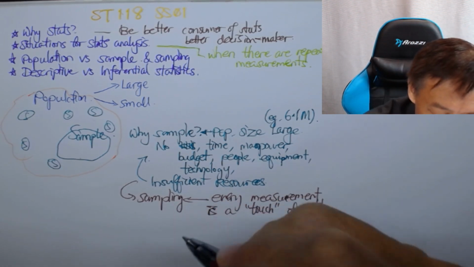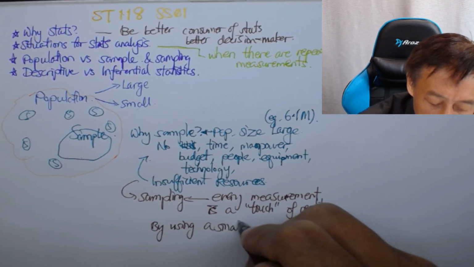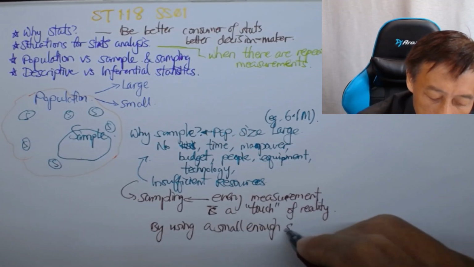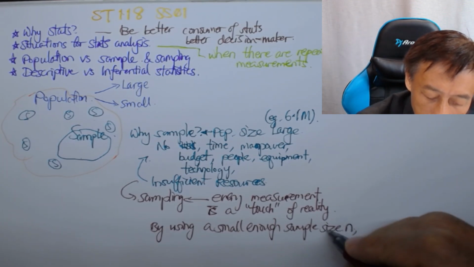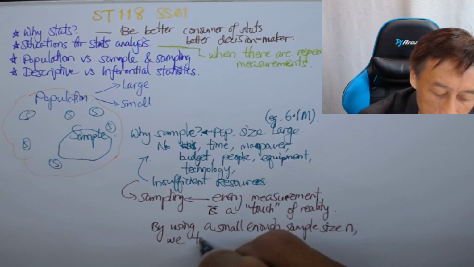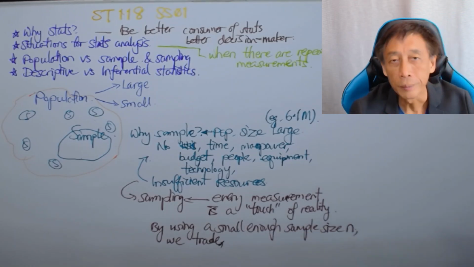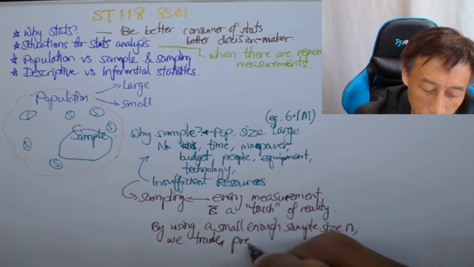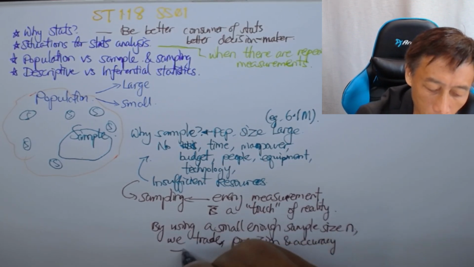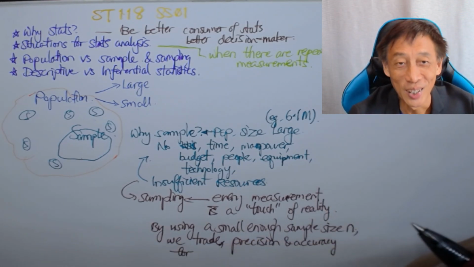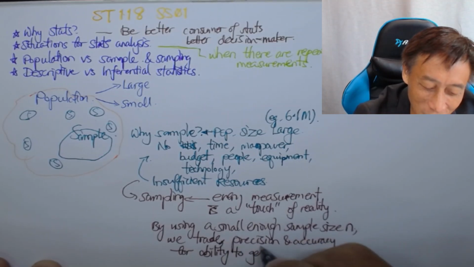So by using a small enough sample size n, we trade accuracy, or precision and accuracy at the same time, for the ability to get a rough estimate.